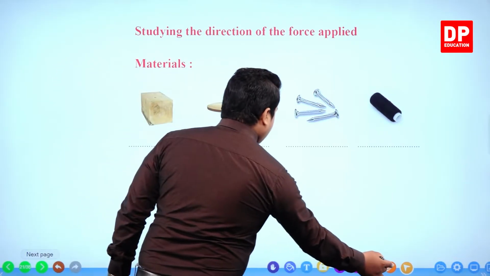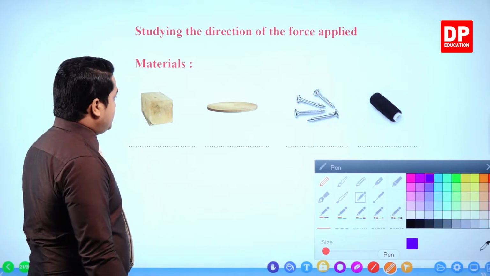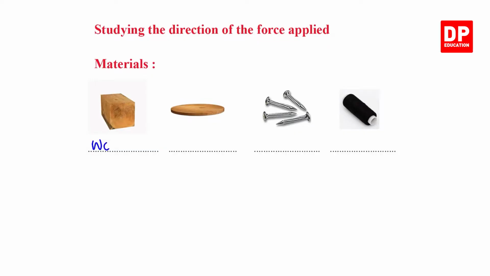So the materials that you need here are very simple. A wooden block, then a wooden disc, then once again nails and thread.